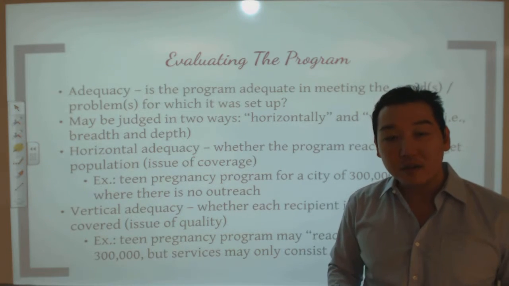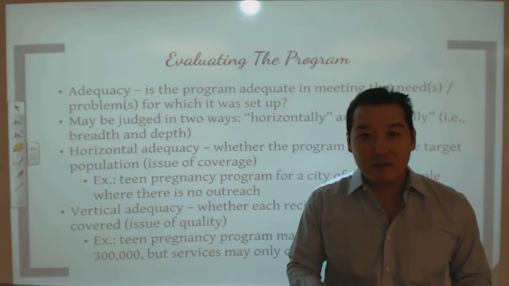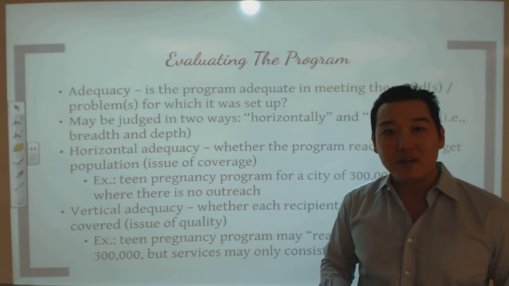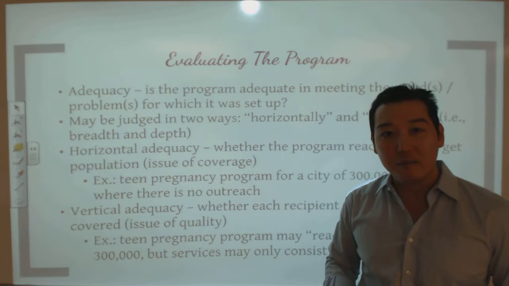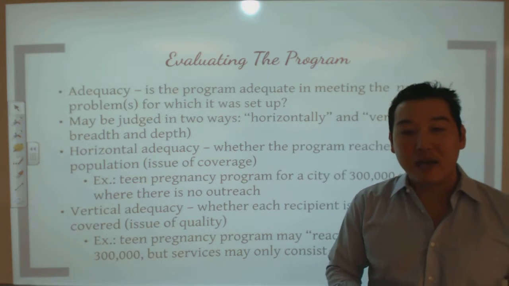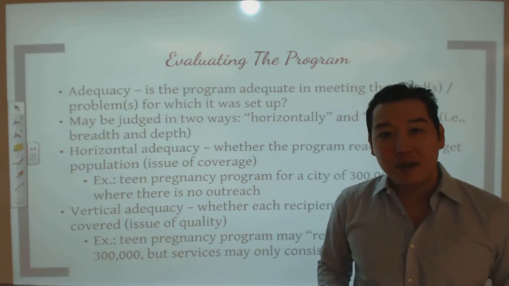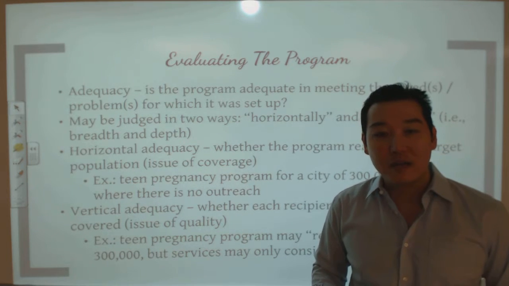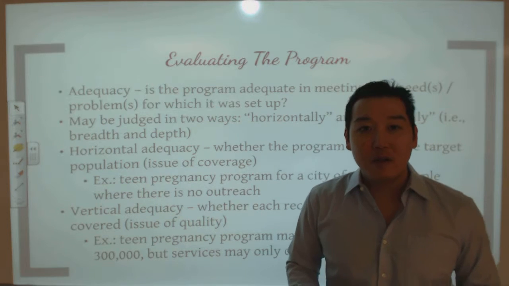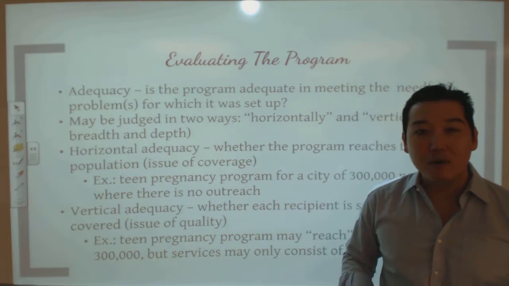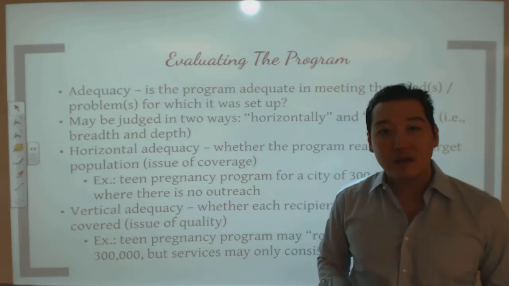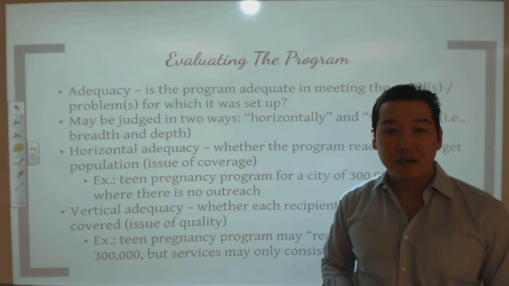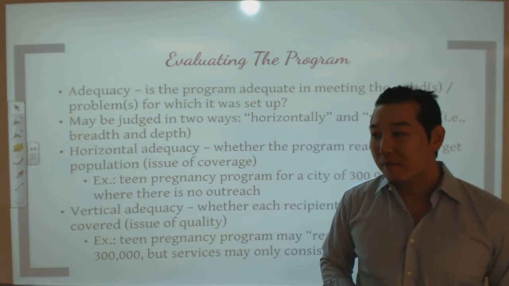Maybe you make a case that that's vertically inadequate, so the depth of services offered is inadequate. Maybe they could provide things like education to people who are affected, counseling services or support groups. They could do much more in the way of services, so you make a case for the vertical inadequacy of the program. Just a very brief note, maybe one or two paragraphs, I'd like in your papers commenting on both the horizontal and the vertical adequacy of your chosen policy or program.